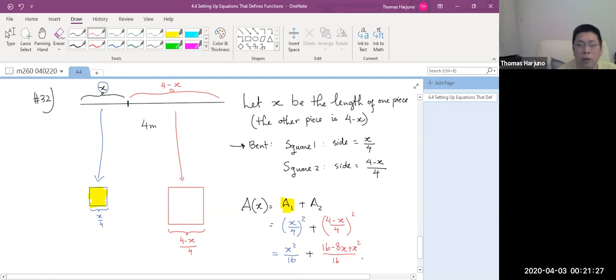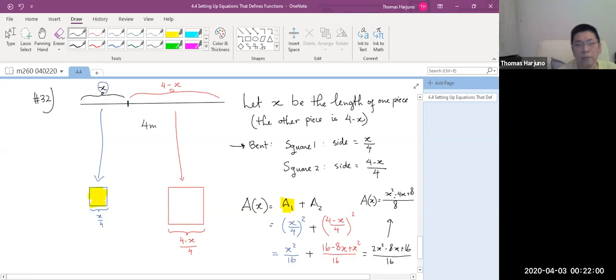Okay, now then I will add them. They already have a common denominator, so I can add them. I get 2x squared minus 8x plus 16 over 16, and we can reduce by 2, right? So the final answer, the area of the sum of the two squares, will be x squared minus 4x plus 8 over 8.